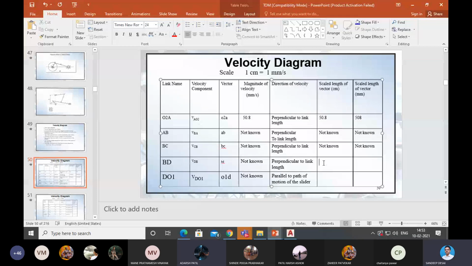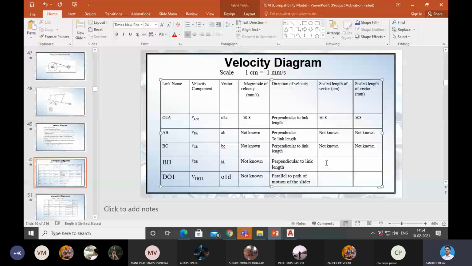How to finalize the direction of velocity? Direction of velocity of slider or piston in any mechanism is parallel to path of motion of the slider, and direction of velocity of all other links except slider or piston is perpendicular to link length.